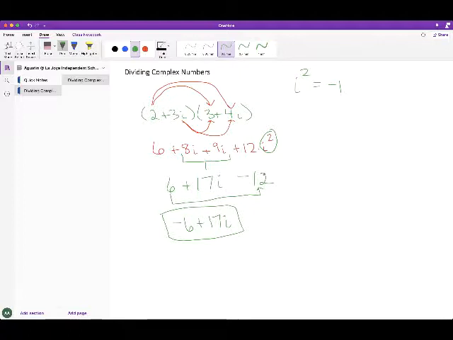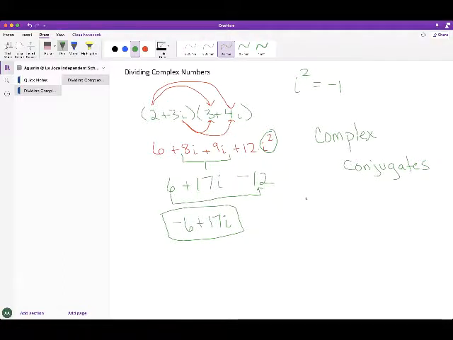Now, there's a special case of complex numbers that we call complex conjugates. Complex conjugates are complex numbers that are identical except for the fact that the middle operation is the opposite.